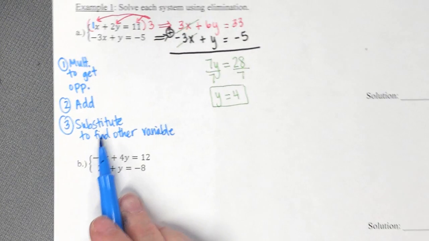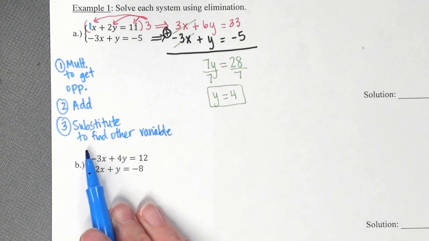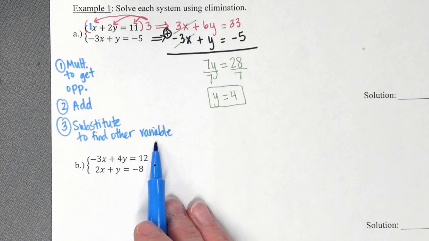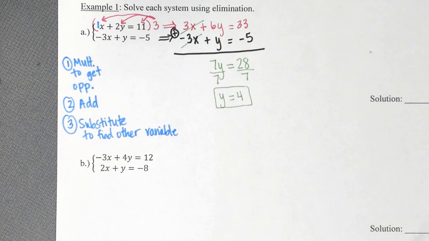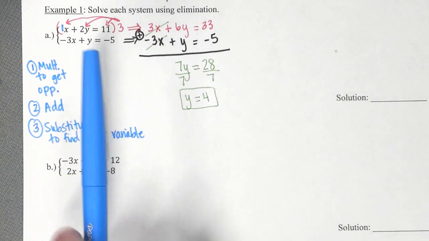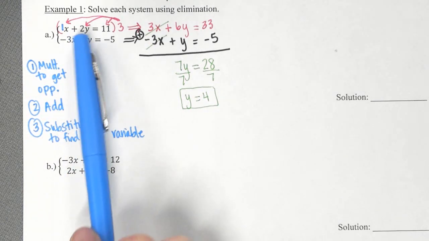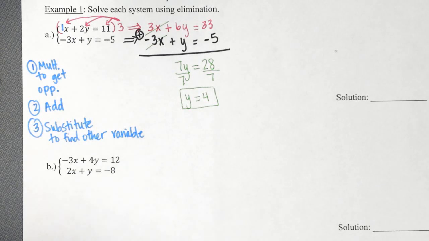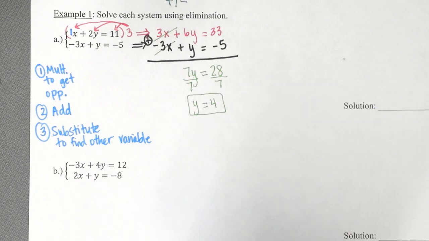And if you guys just want to write substitute, that's fine. So I said the other variable because sometimes you'll find x, sometimes you'll find y. And do you guys remember from yesterday, if you were here, that it doesn't matter what equation you plug it back into, you can choose. So is there one of these equations that you like better than the other one? That looks like simpler? Yeah, I think the first one too.